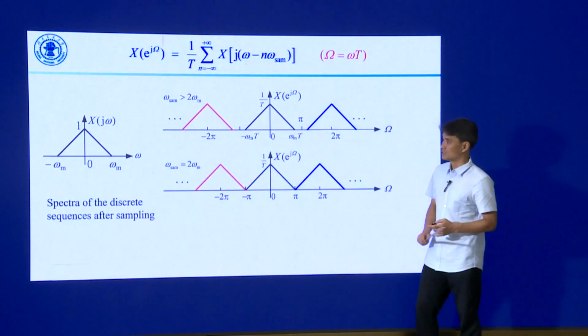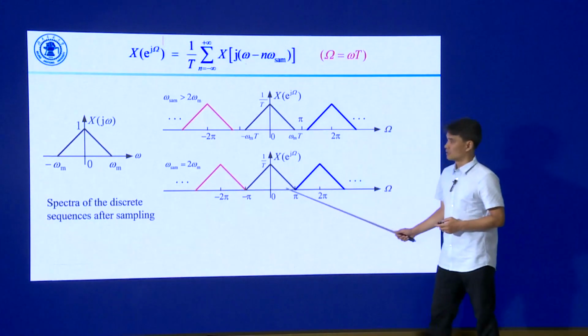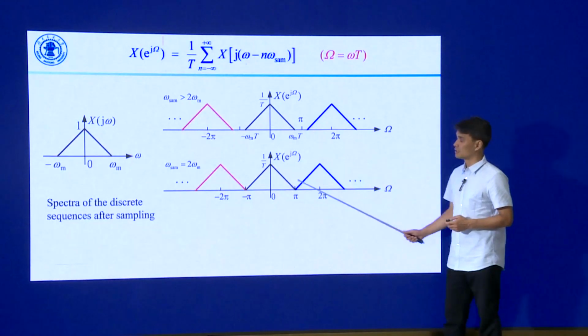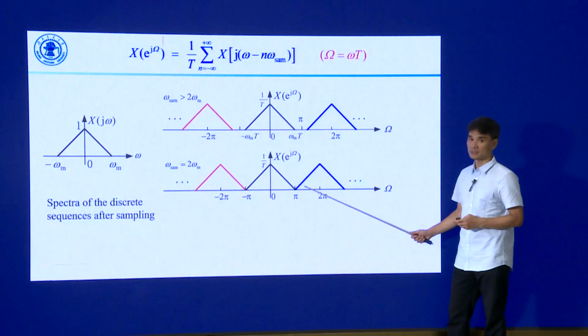In case the sampling frequency is twice the maximum frequency, although there is a contact in here, the shape of the individual waveform is still intact.